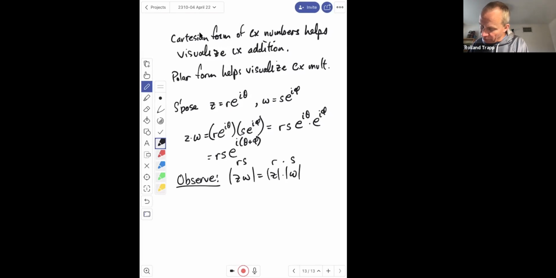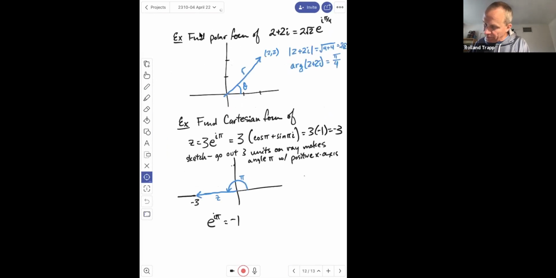But what about the arguments? The argument of zw is the angle. And the angle, remember, is just the coefficient of i in the exponent.